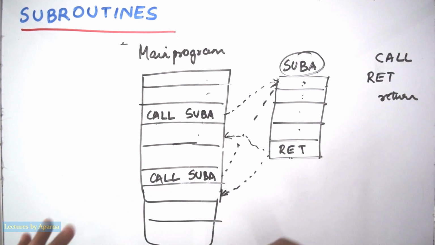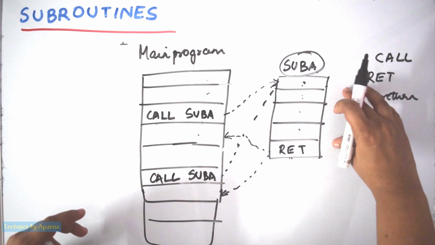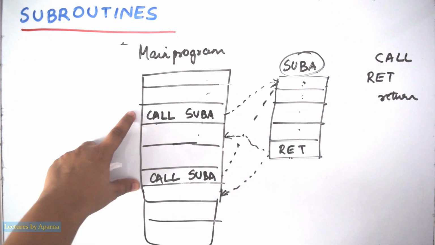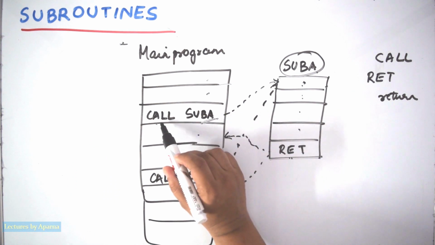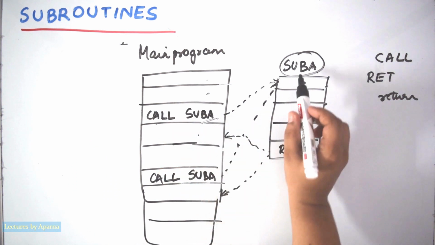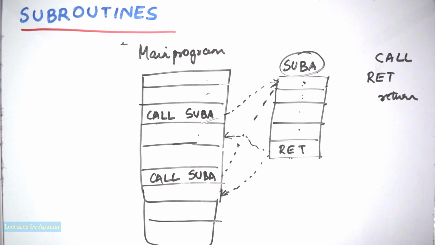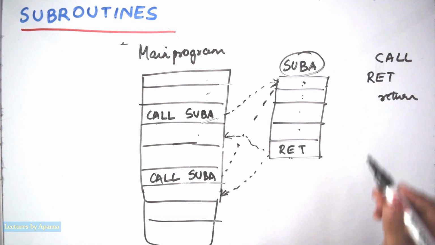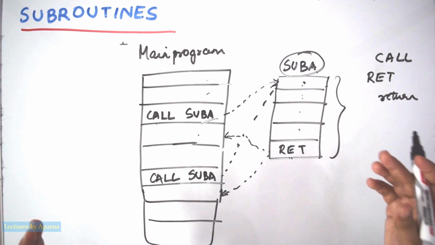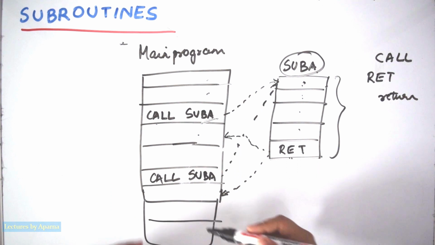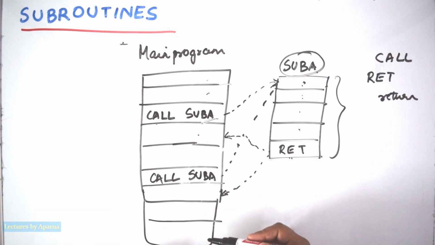So likewise, you can repeat this program in the main program. You just have to add this instruction call with the name of the subroutine. Now subroutine needs to be written only once. After that, the programmer can call it from any point in the main program.